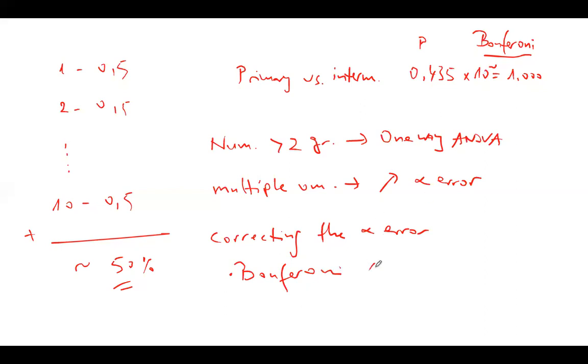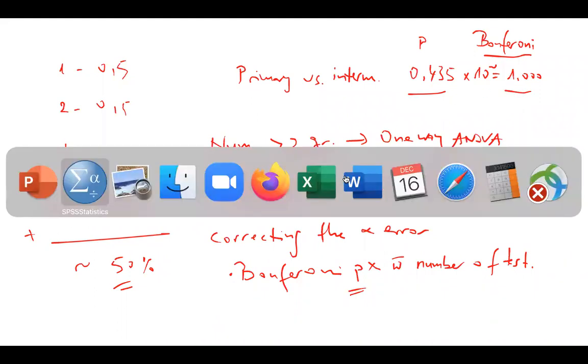Bonferroni multiplies the p-value with the number of tests to decrease the alpha error. And instead of reporting 0.4, you report 1.0. Okay.